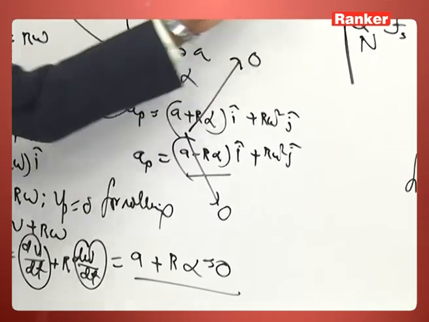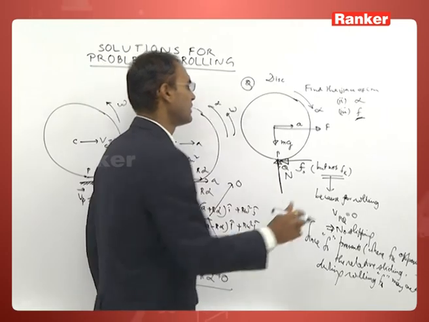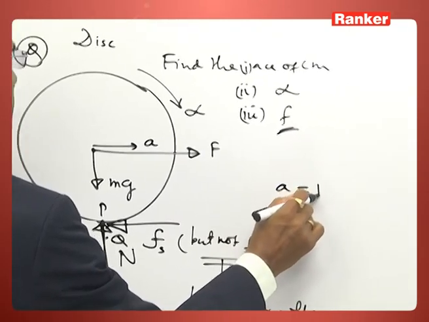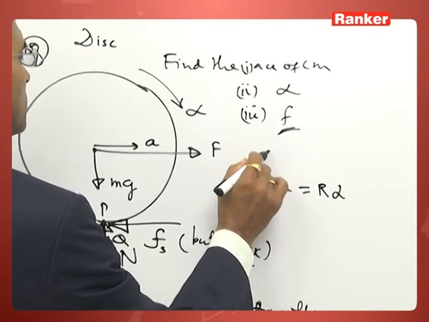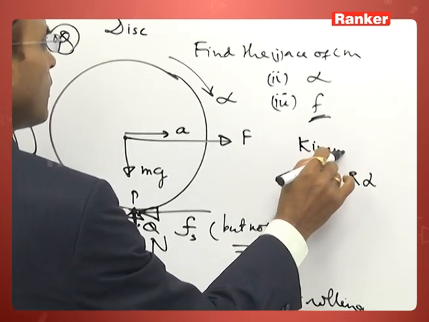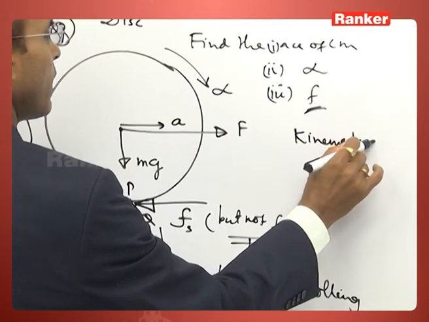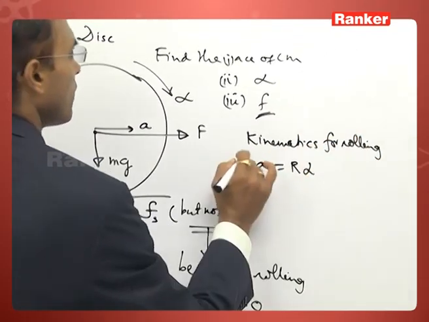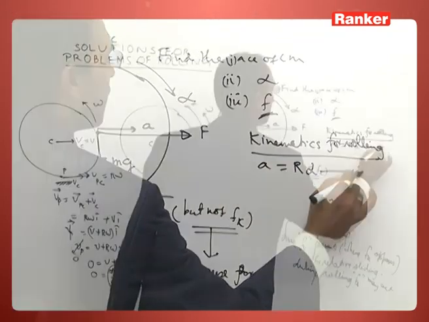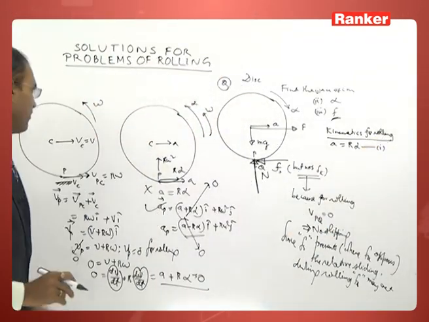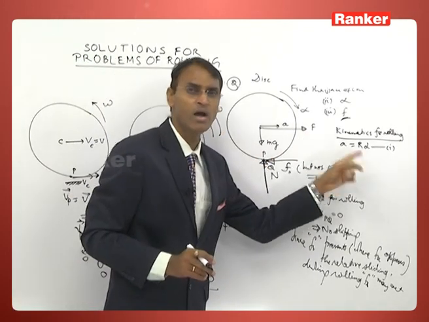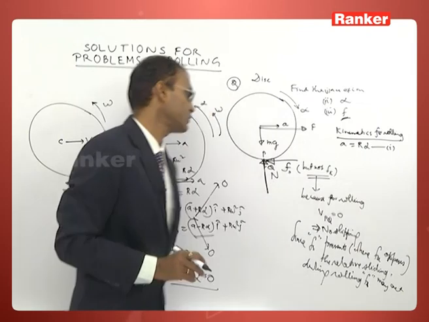If you take this assumption, you can write A minus R alpha will be equal to 0, or A is equal to R alpha. It is kinematics for rolling. If you take this assumption, you have to write A is equal to minus R alpha or A plus R alpha will be equal to 0.